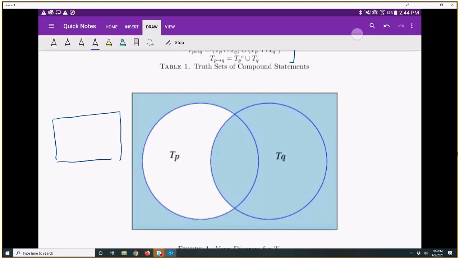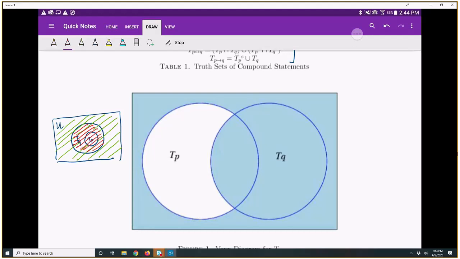In that way, this was our universe, and we had the truth set of Q, and inside it we have the truth set of P. Then when we did the complement of the truth set of P, we would get everything outside of the truth set of P, and then we would do the union with the truth set of Q, and in that way we would get the entire universe.